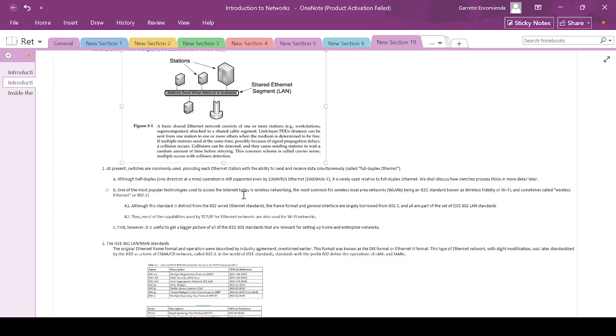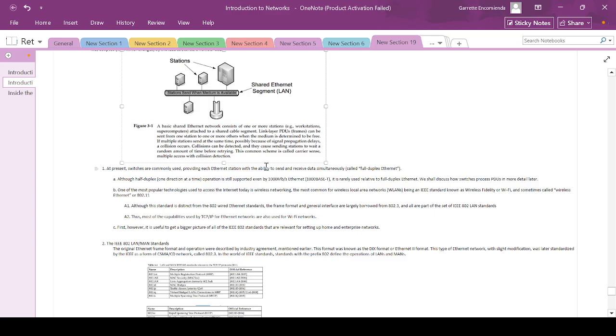So collisions can be detected, and they cause sending stations to wait a random amount of time before retrying. Thankfully these Ethernet standards define that it will wait, algorithmically, a random amount of time before retrying, usually doubling the amount of time as it encounters collisions.